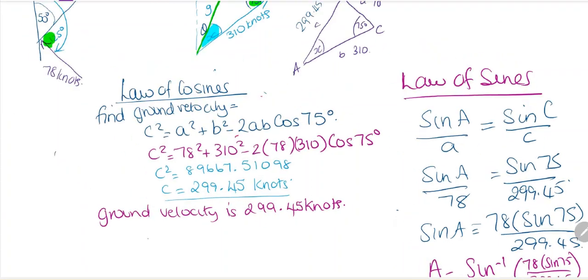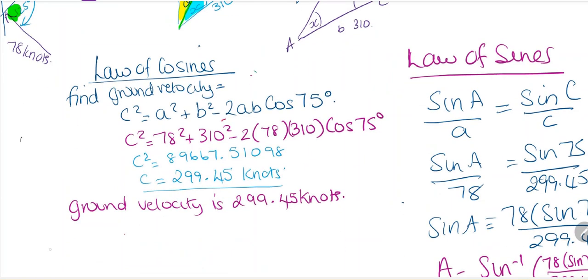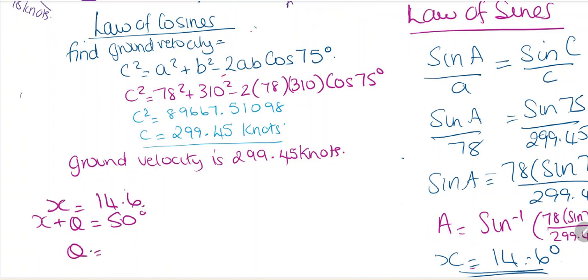Now if you go back to our diagram, X is 14.6 and we need to know theta. We know that X plus theta is 50 degrees. So theta will be 50 minus 14.6, which is 35.4 degrees.